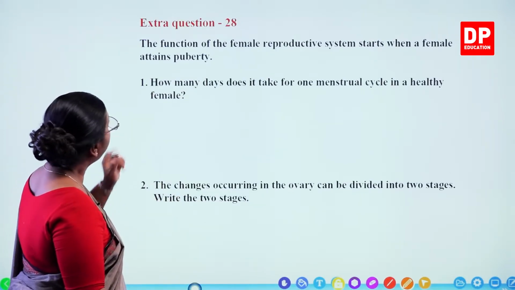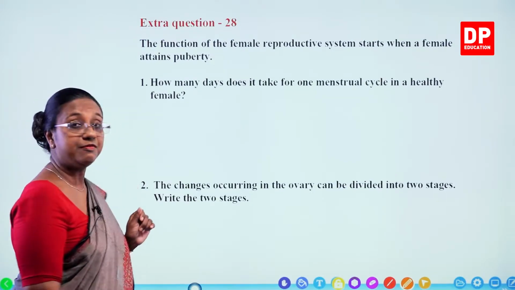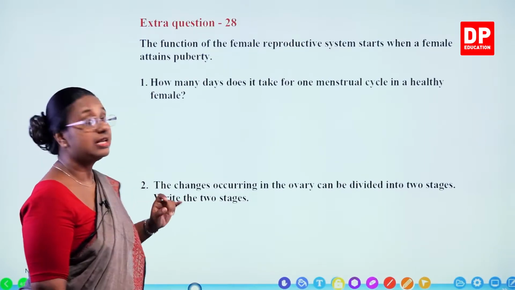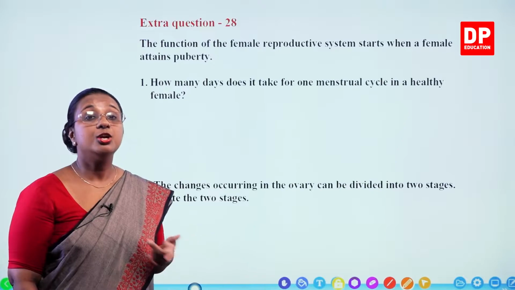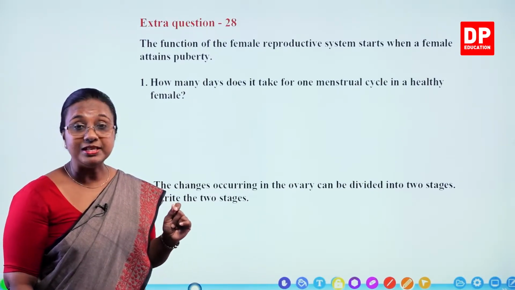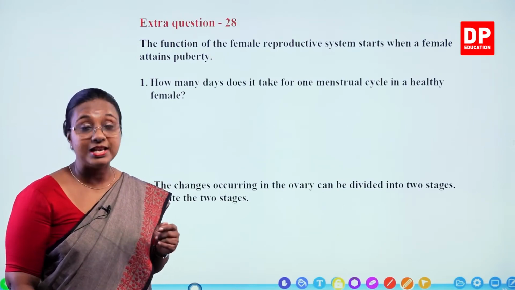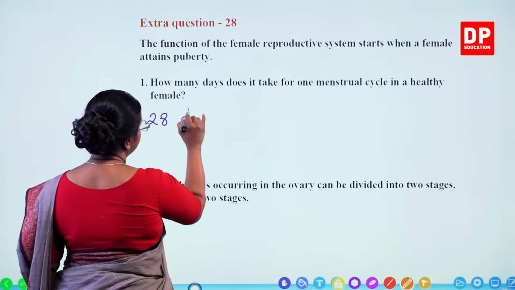First one, how many days does it take for one menstrual cycle in a healthy female? So only after puberty or adolescence, the menstrual cycle starts. How many days does it take? 28 days. And you all are familiar with the phases or the changes taking place in the ovary as well as the uterus. So it takes 28 days.